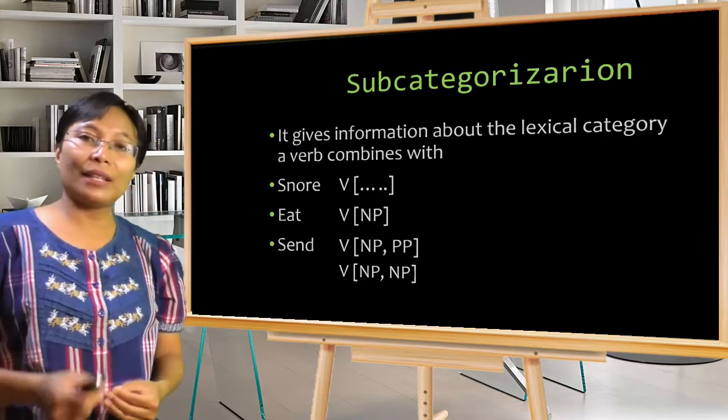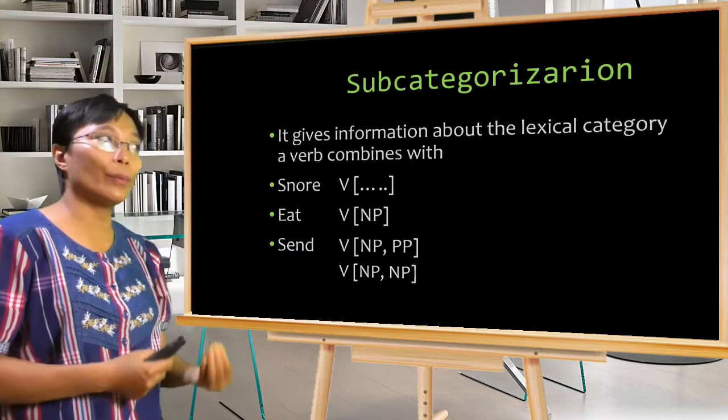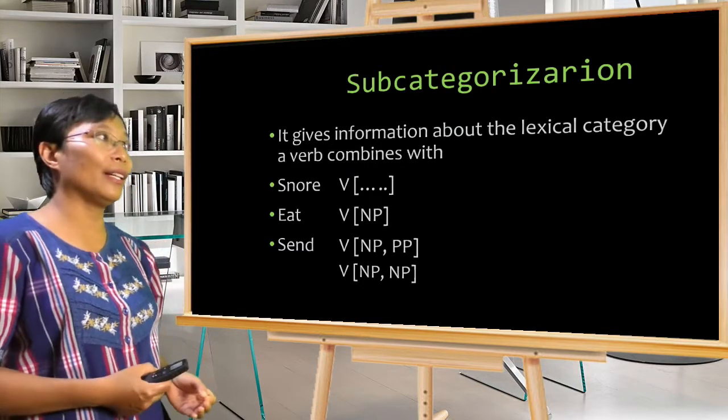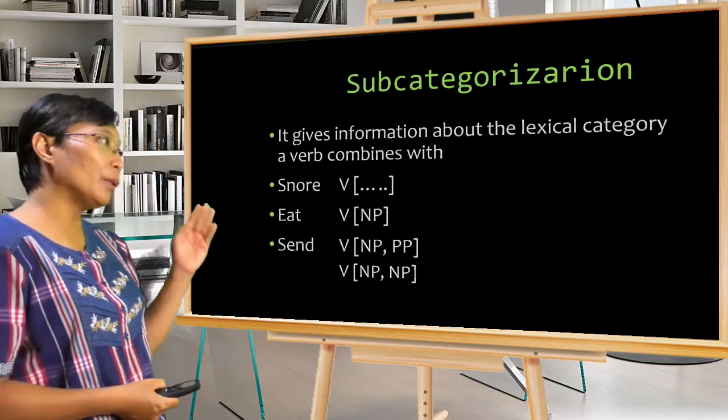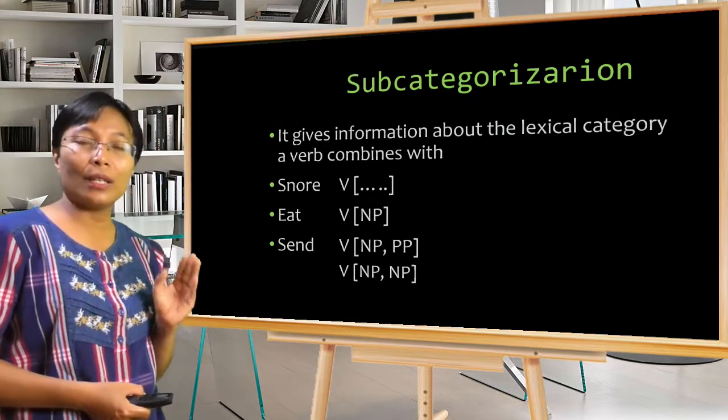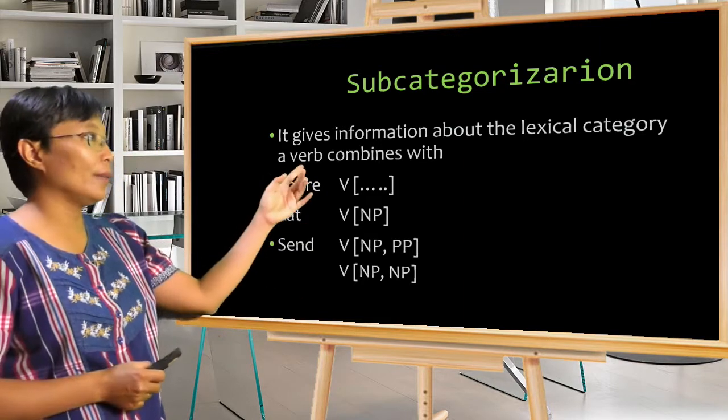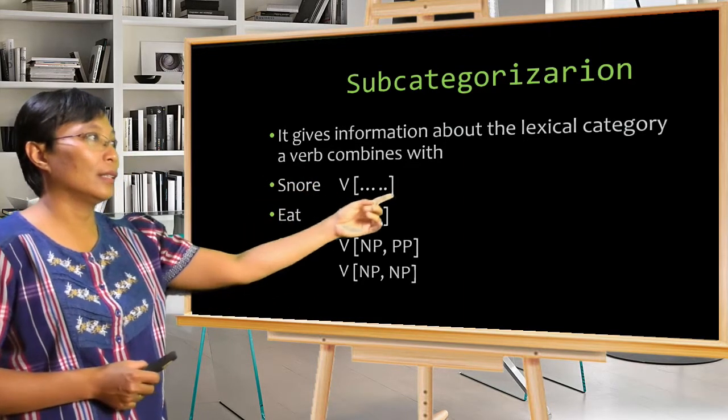So, subcategorization will give us information about the lexical category a verb combines with. For example, when we are talking about snore, this verb doesn't need anything, so empty.